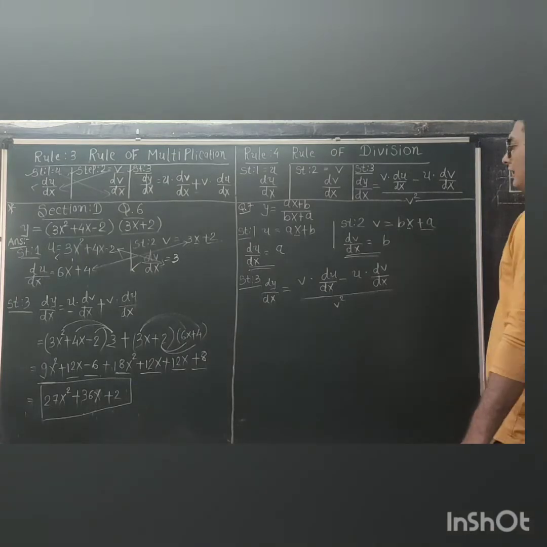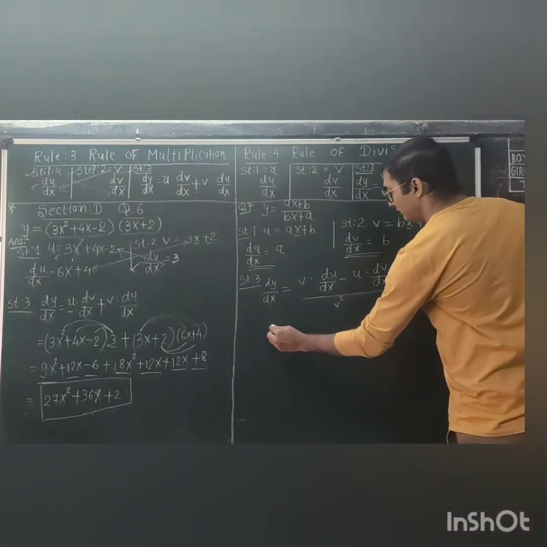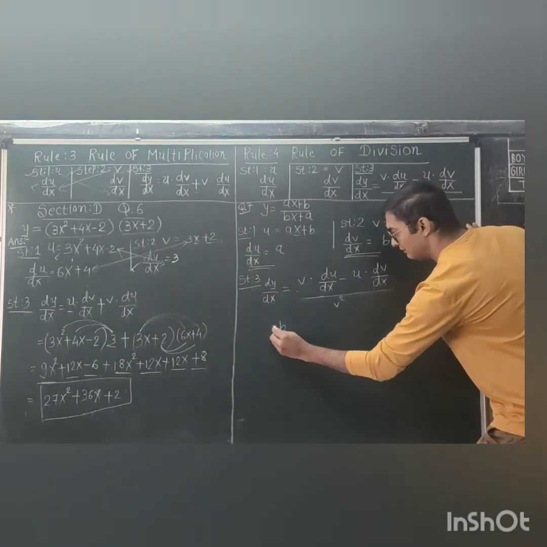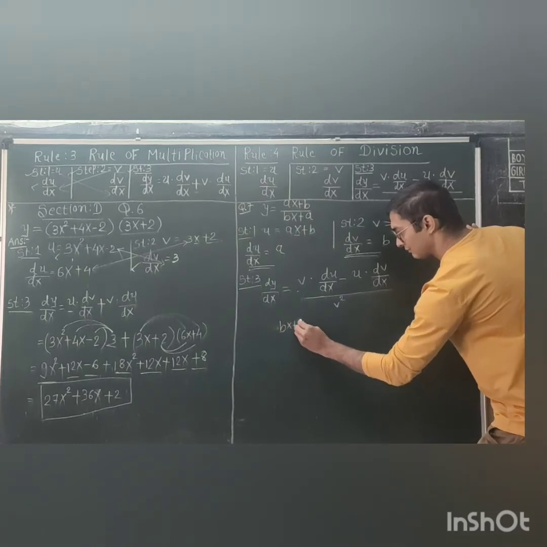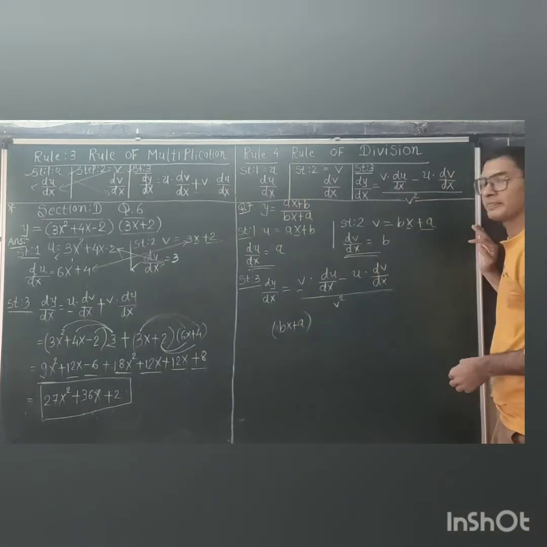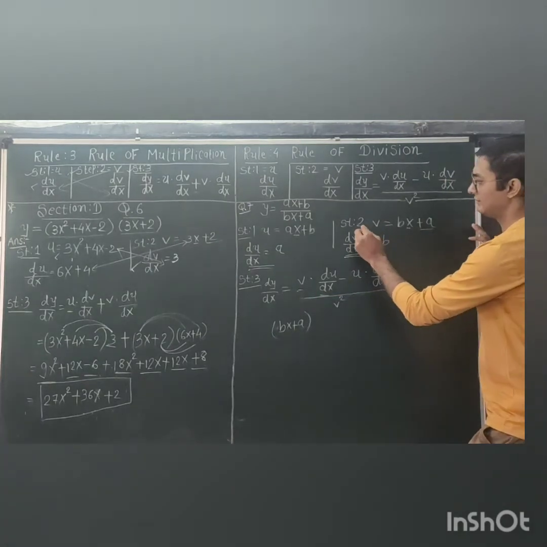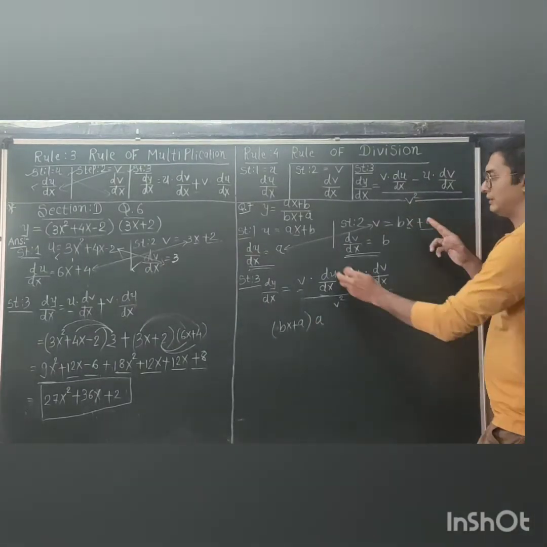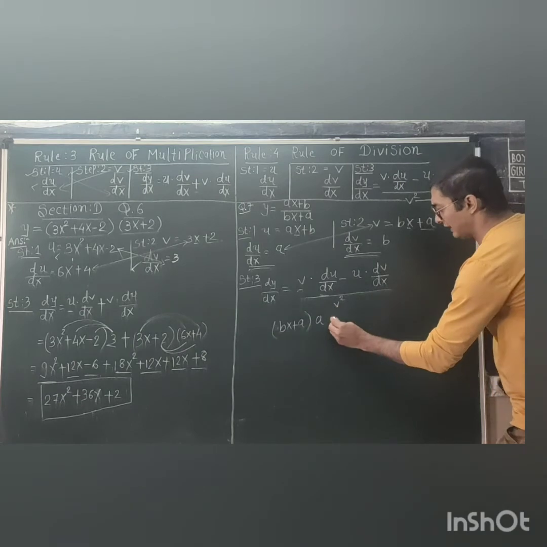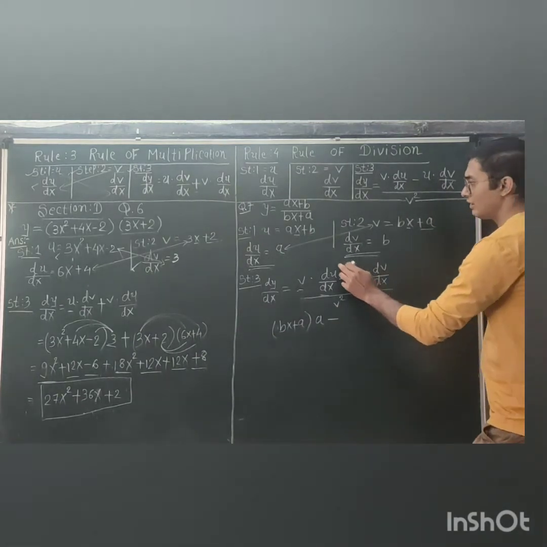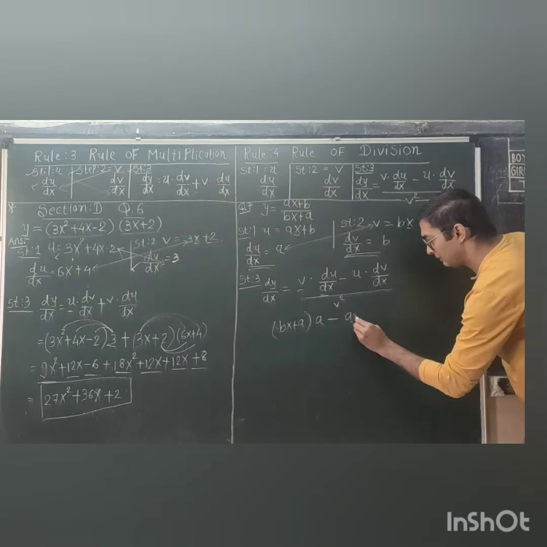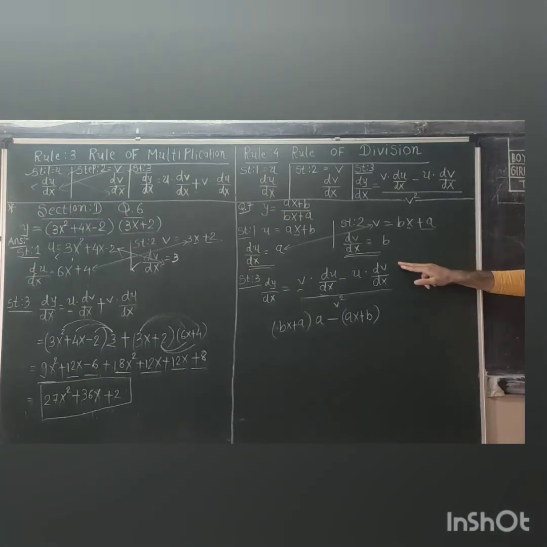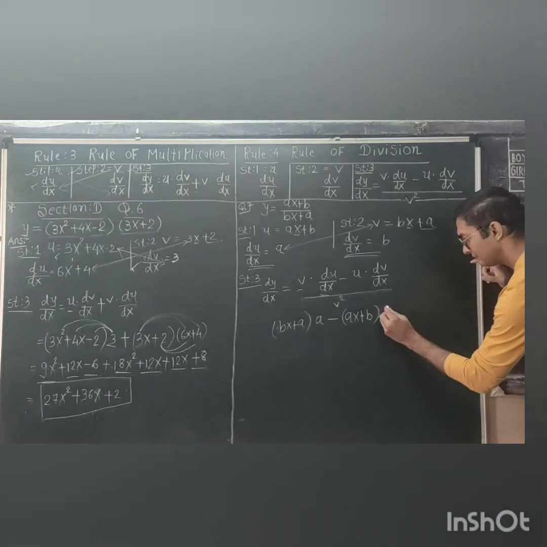Now if I am applying these values over here, instead of v, we can write bx plus a, instead of du upon dx, it is a, meaning multiplication of these two, sign of negative. Instead of u, it is ax plus b, and instead of dv upon dx, it is b.